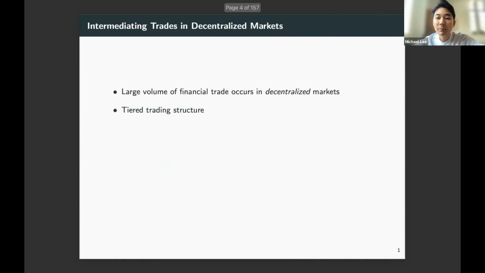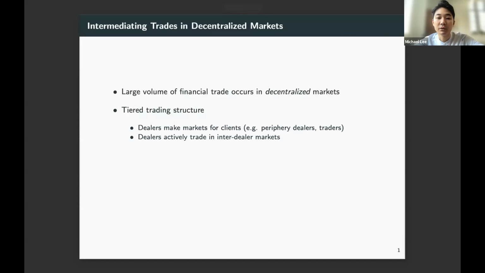A common feature that we've observed and studied for a long time is what we call a tiered trading structure. In this structure, we have dealers who typically make markets on behalf of their clients, and this can typically be peripheral dealers or other traders. And they also trade with each other very actively in interdealer markets.